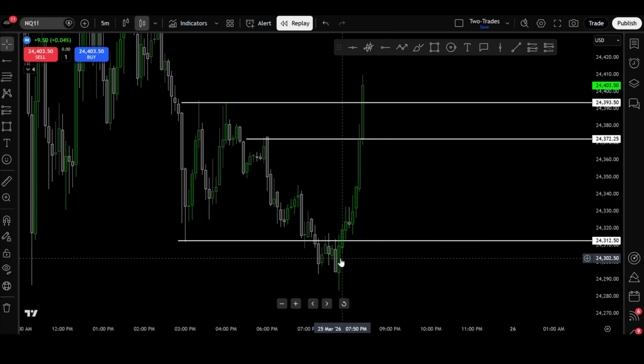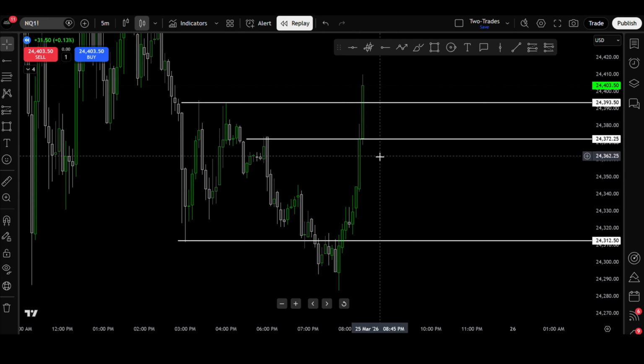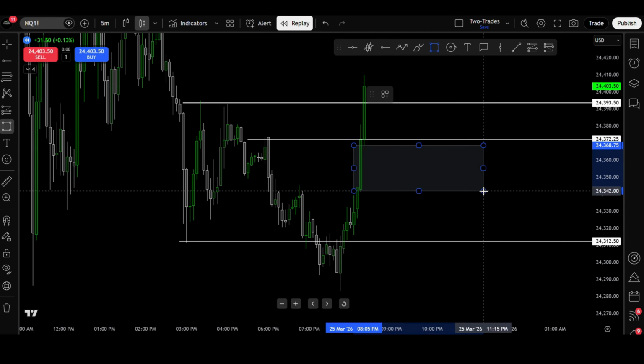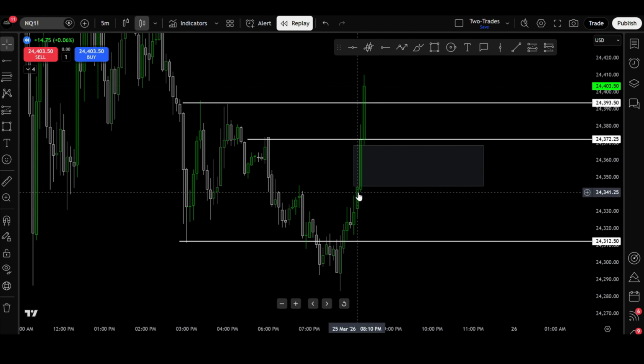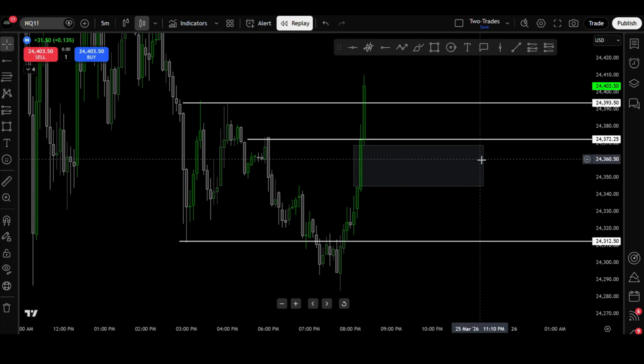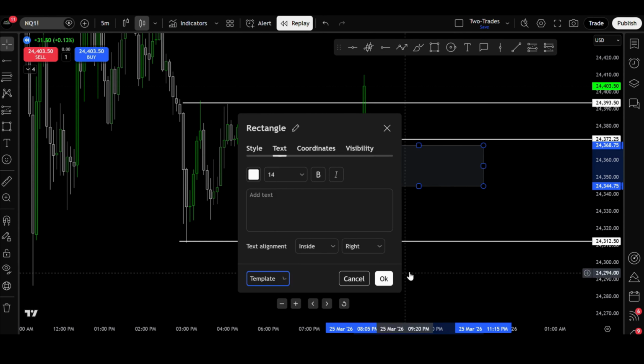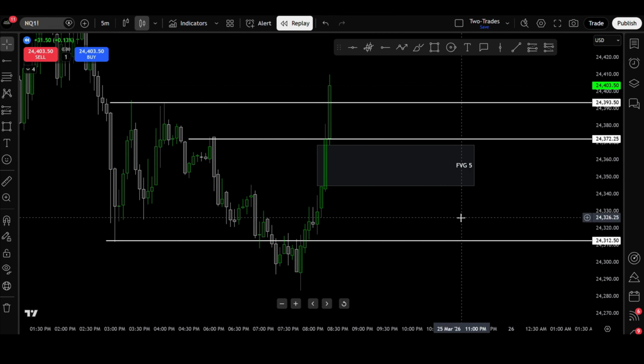Okay, as you can see, the buyers did step up and started pushing the price higher. And what did we get? We got a fair value gap, right? Remember, the first candle's high does not touch the third candle's low, so that is a gap, right? So we can go ahead and mark this one 5 minute fair value gap, okay? So I'm not doing anything yet. I'm just paying attention.